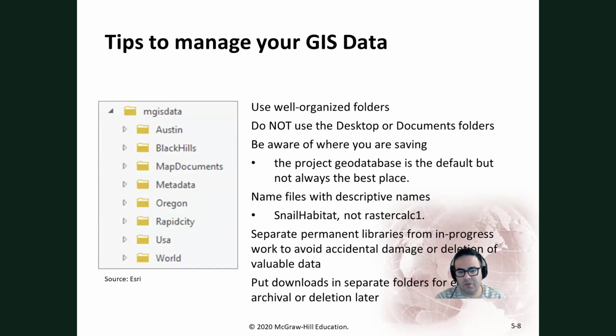We don't want to use a name that is random. We want to use names that are descriptive. For example, if you use a method or a specific location, you want to include that in the name.